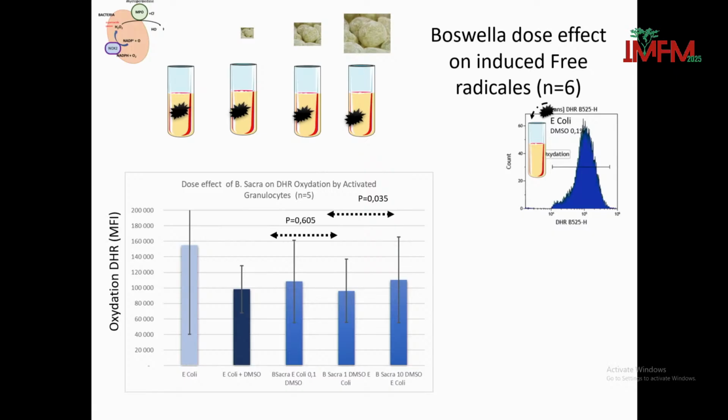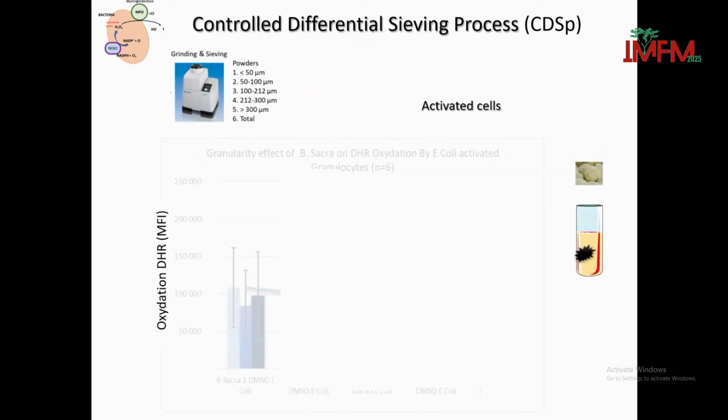If we activate the cells, we can see that the number of cells which are producing free radicals is a bit lower because of the toxicity of DMSO and the stimulation. If we use stimulation, DMSO, and the different levels of Boswellia sacra, you can see that we have a bit of recovering of the cells.